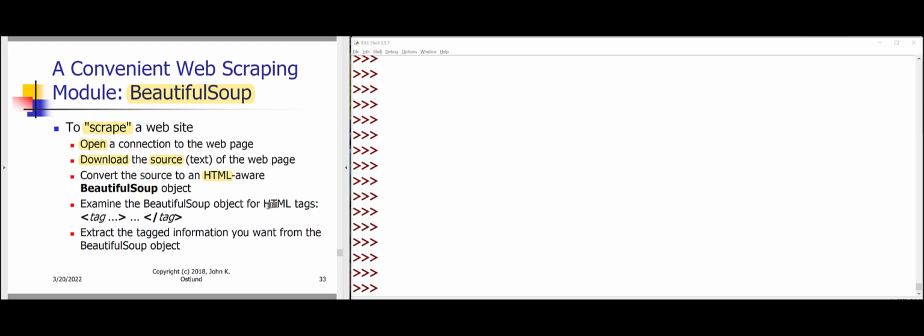In any case, HTML is a hierarchical notation in which a web page is represented as a hierarchy of nested tags. The opening angle bracket, the less than sign, followed by some tag name, and then some optional additional information, and a closing greater than sign.